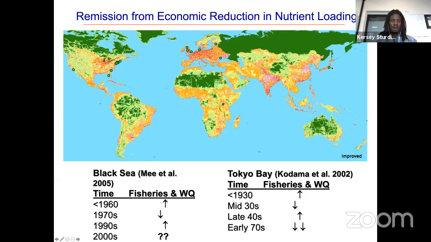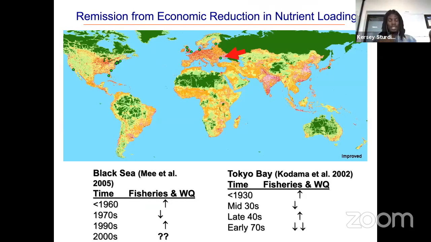But just to talk through it, for the Black Sea, during the late 1960s or the mid 20th century, nutrients were getting heavily pumped in. And this is during the period when the Soviet Union was at its height and its peak. So this particular area was essentially surrounded by Soviet states. The Soviet Union collapsed, the economies of all those countries collapsed, and as a result, the productivity and production also collapsed. And so the nutrients being pumped into the Black Sea was reduced.